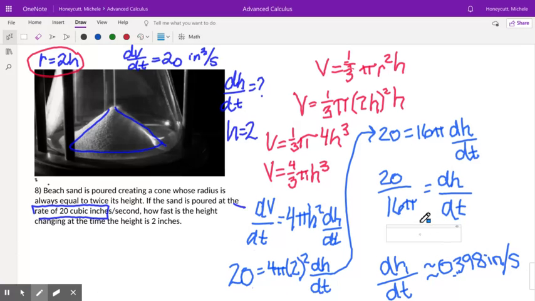Divide both sides by 16 pi. You'll have 20 over 16 pi equals dH/dt, which is approximately 0.398 inches every second. So every second, the height of this cone is growing by about 0.398 inches every single second.